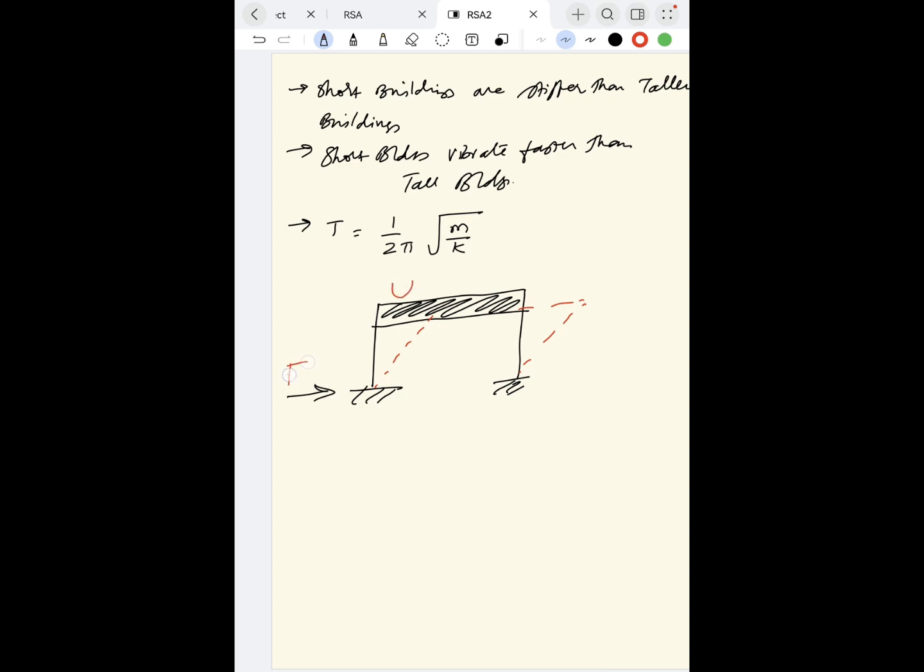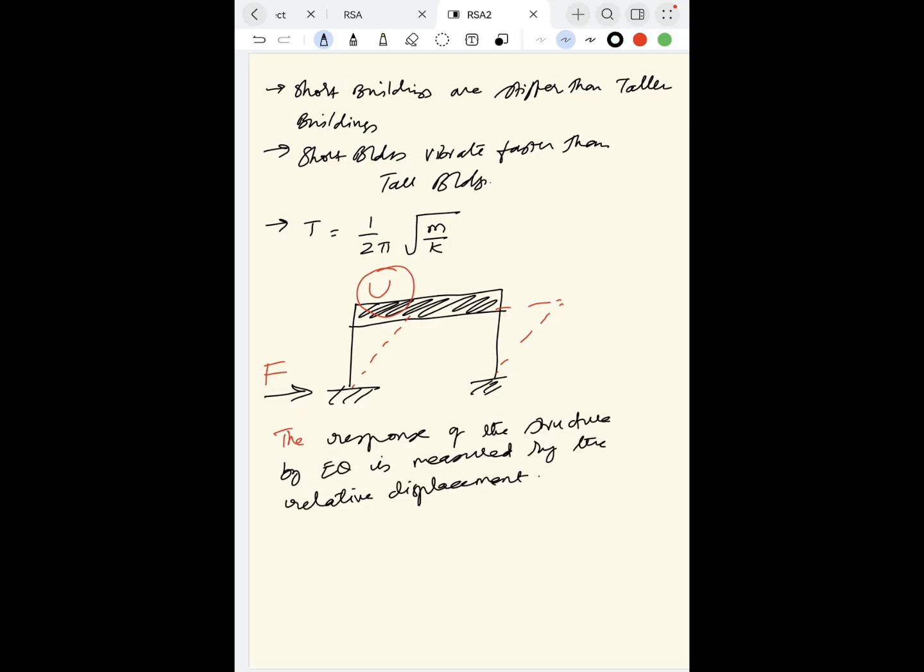Due to this relative displacement, forces are generated in the building. If you multiply the relative displacement with the stiffness of the building, we get the shear force used for the design of a building.